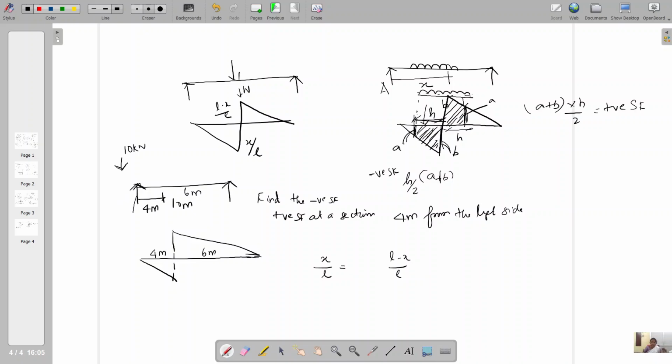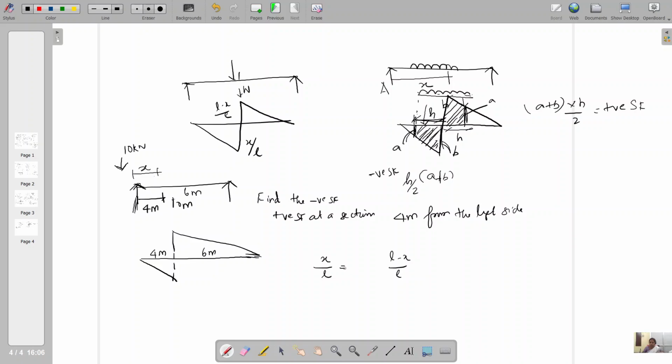So the sectional distance x should be from A. If your problem gives some sectional details from B, we have to make the distance from A, because if you move the load from left to right, then the x distance is from A. Even if your problem mentions the sectional distance from B, you have to convert x from A.